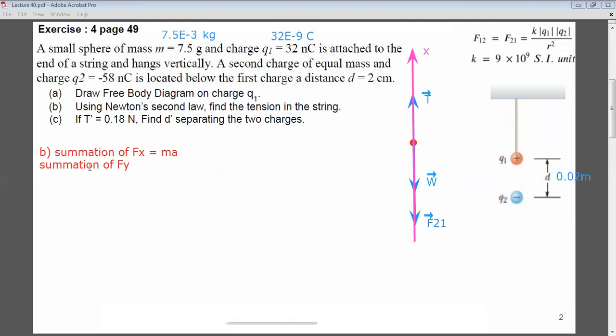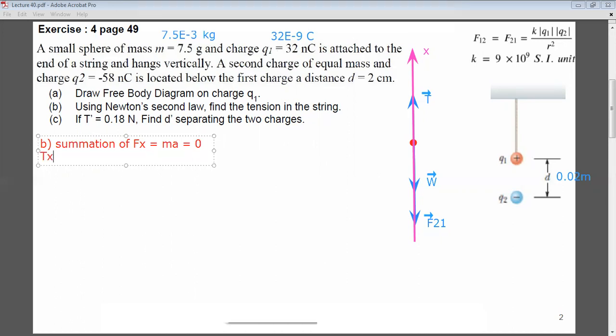If I use the summation of Fy, I will not go anywhere because I don't have anything on the y-axis, which is perpendicular to the x-axis. Everything is on the x-axis. So I will use the summation of Fx equal to ma, but the charge is not moving. Everything is standing still, so this is 0.